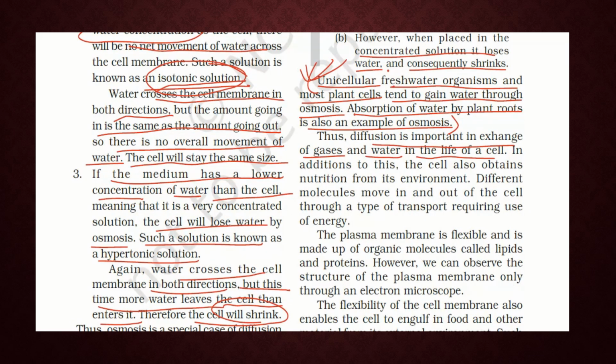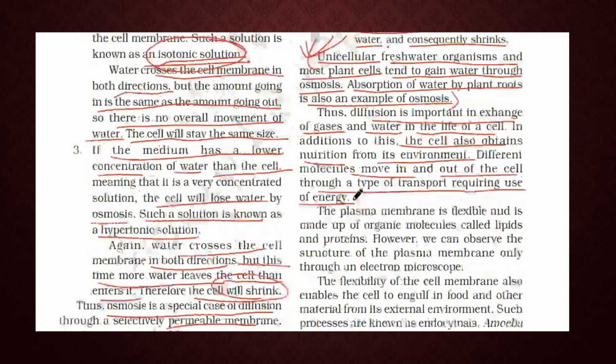In addition to this, the cell also obtains nutrition from the environment, because different molecules move in and out of the cell through a type of transport which requires the use of energy, right? So what is this energy here? This is ATP.